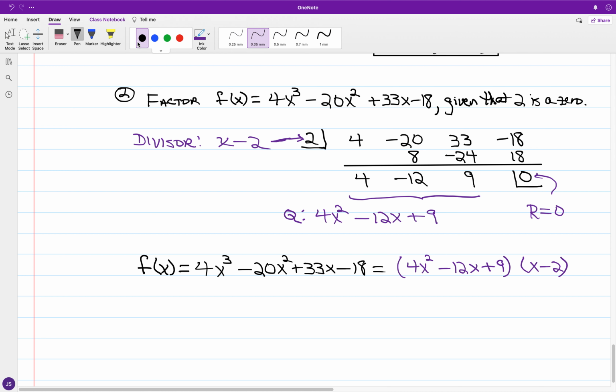Now, with 4x squared minus 12x plus 9, the quotient can be factored. If you think along the lines of factoring by grouping, 4 times 9 is 36. And there are factors of 36 that will add up to negative 12, where we have negative 6 and negative 6.